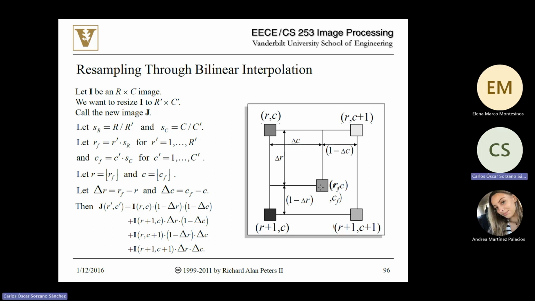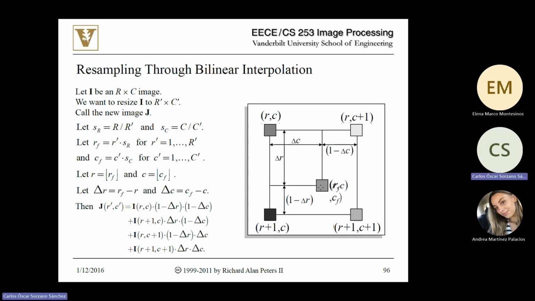Let's see if this suggestion makes sense. Let's say that our fractional point is here, so delta C and delta R are zero.